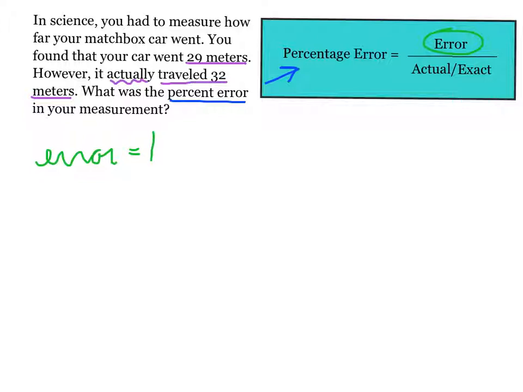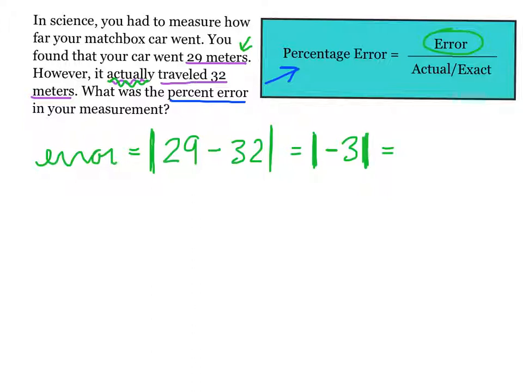Error, remember, is our absolute value of our estimate of 29 minus the actual or exact of 32. 29 minus 32 is -3. But because it's the absolute value of -3, our actual answer is simply 3.